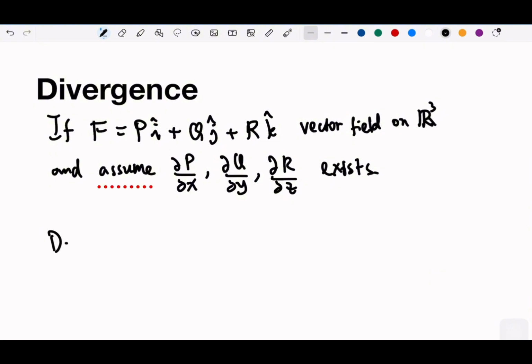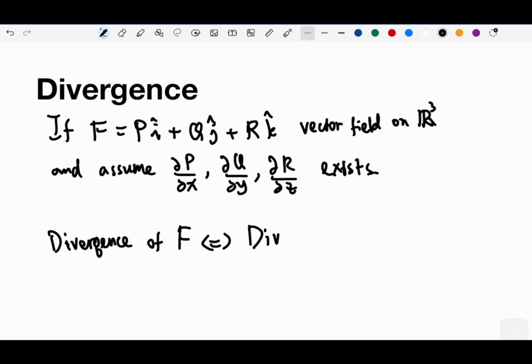We have divergence of F, or sometimes we write it as div F. This will be all these partials, and then we add all these partials.